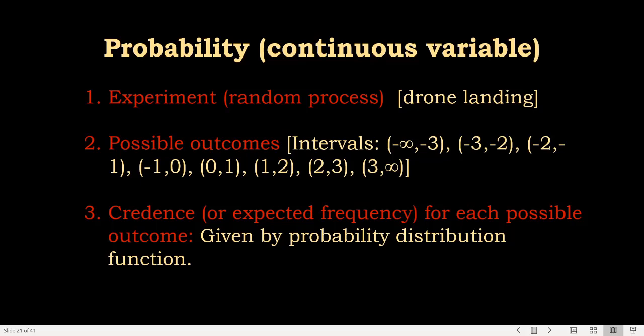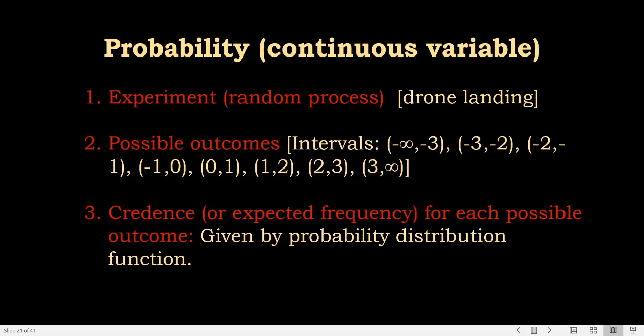For example, between 0 and 1, you've got 0.1, 0.2, but you also have 0.15, then 0.152, then 0.1528, then 0.1527, and so on and so forth.